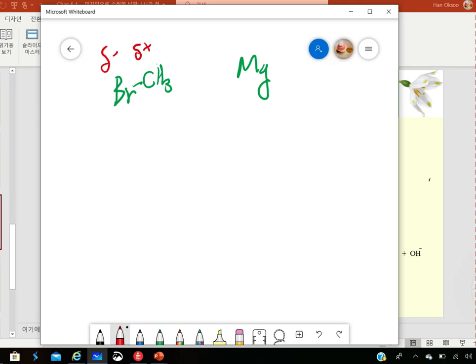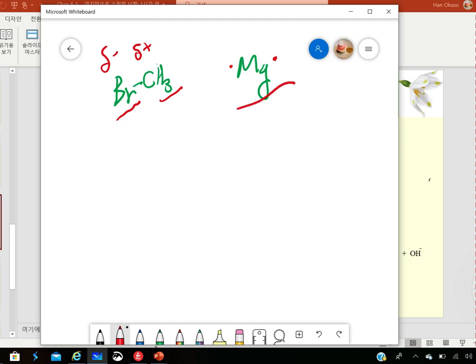But if you look at the electron structure of the magnesium, magnesium has two electrons on the outermost shell. Now let's think about what would be the electrophilic species and what would be the nucleophilic species. Here you have both. This will be the nucleophilic center. This will be the electrophilic center.